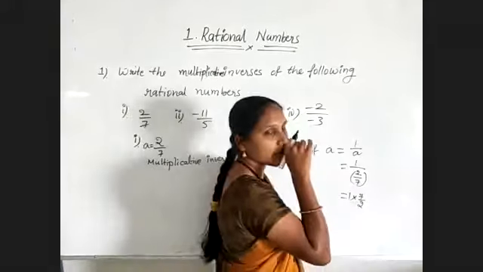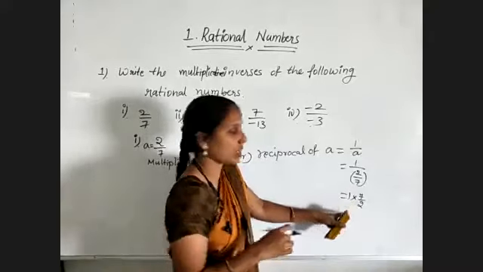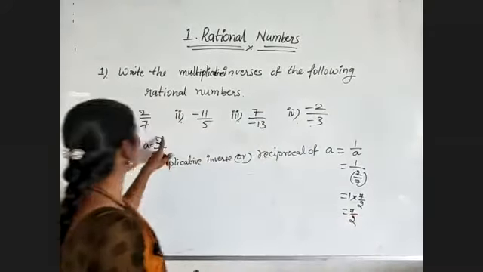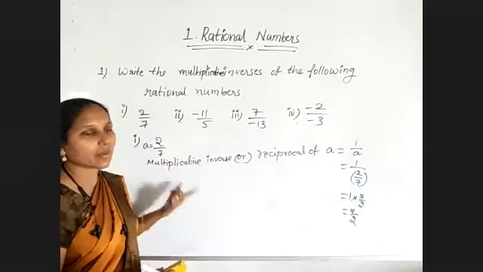Division will be changed by multiplication by taking its reciprocal. So that is nothing but 7 by 2. So 2 by 7 reciprocal is 7 by 2.